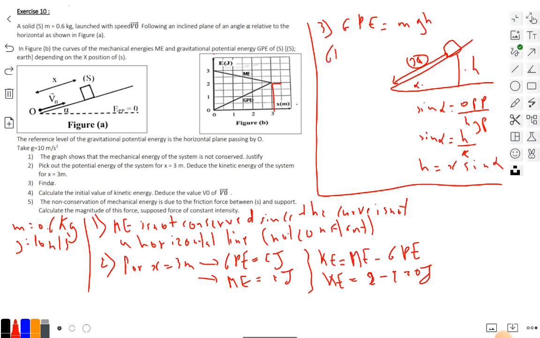Then GPE equals mg x sine alpha. For x equal 3, GPE equal 2. Then 2 equals mass 0.6 times 10 times 3 meter times sine alpha.